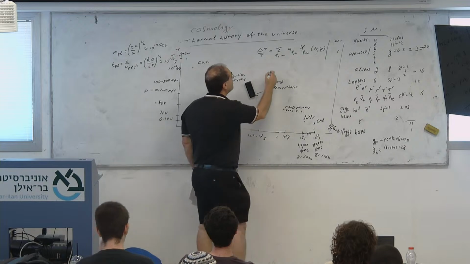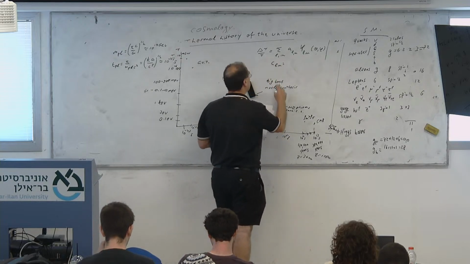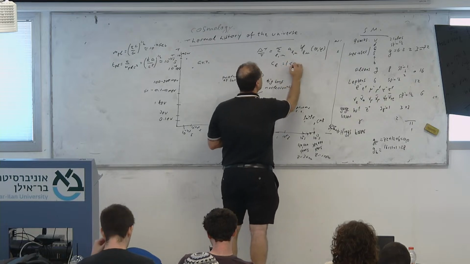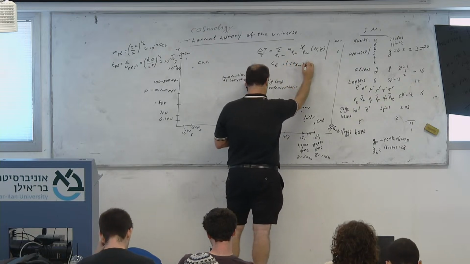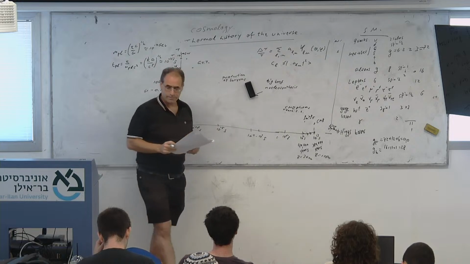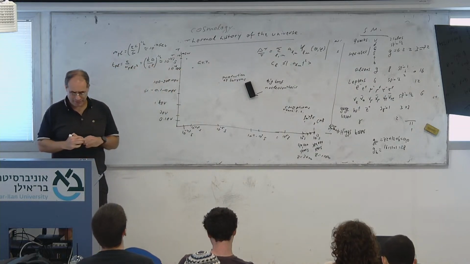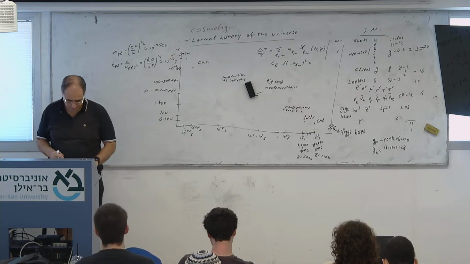And then we can plot the coefficient. C_L, sorry, is A_LM squared. This is something which you can do. In fact, it's slightly different for various technical reasons.